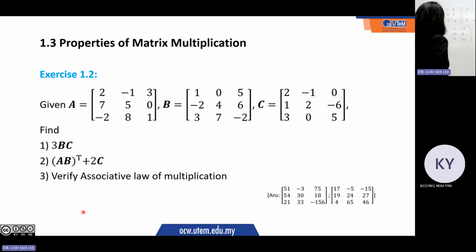For question number one, after you multiply 3 into this, you will get this one. Proceed to number two, B transpose plus 2C.